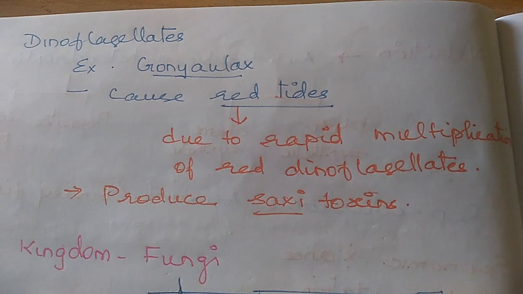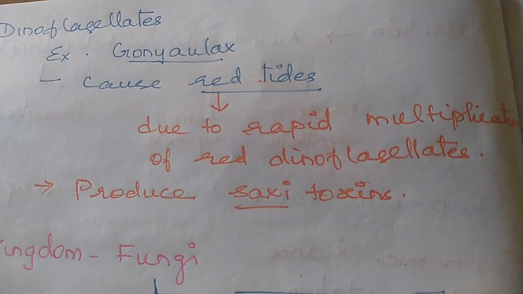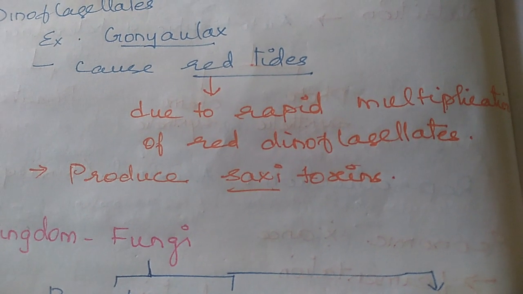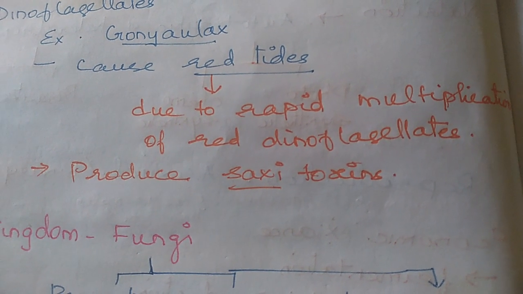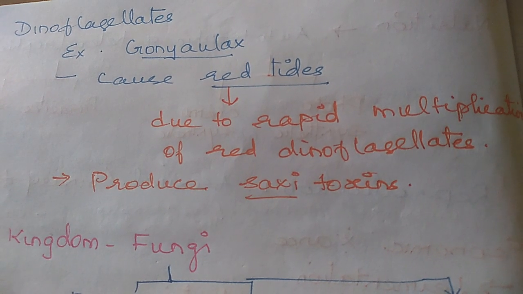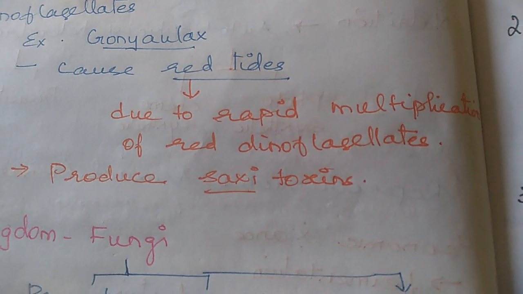And the next example is dinoflagellates. The famous example of a dinoflagellate is Gonyaulax. This Gonyaulax caused red tides. Already I told you that dinoflagellate is going on a tour along with Protista, no? So now consider that example.